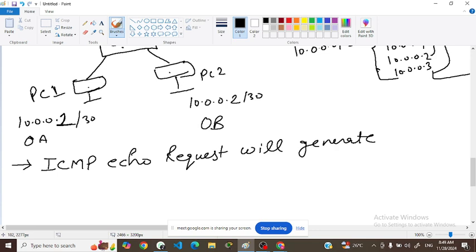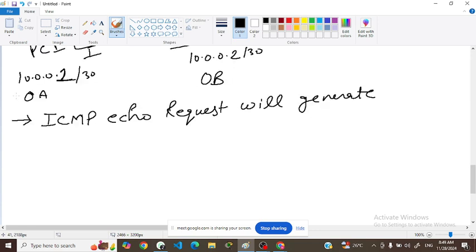This ICMP echo request will have the echo request type.